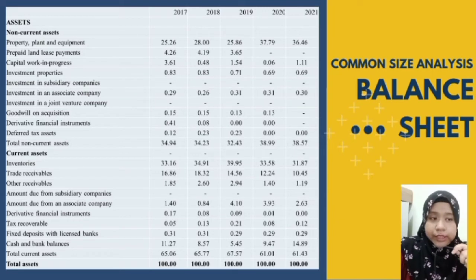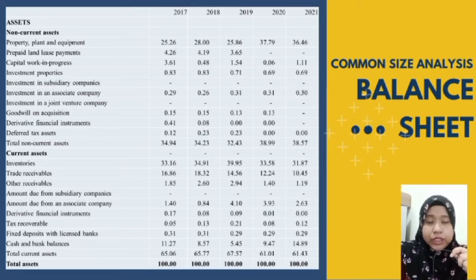However, in 2020, the percentage has increased slightly to 38.99% and decreased again in 2021 to 38.57%.